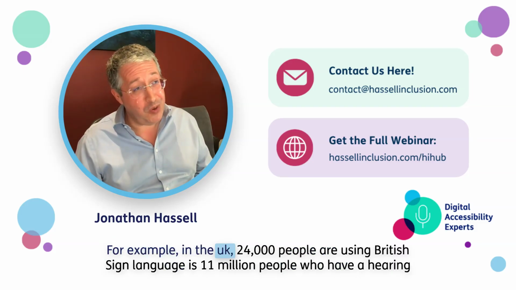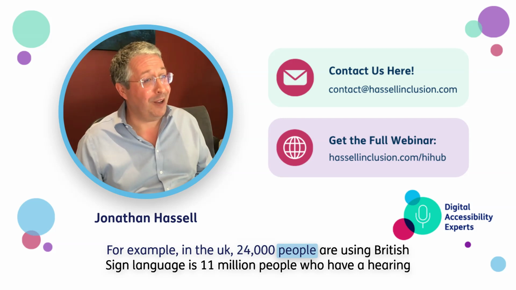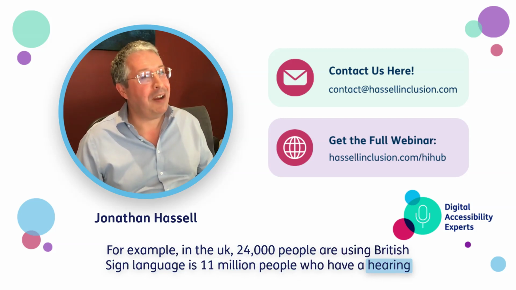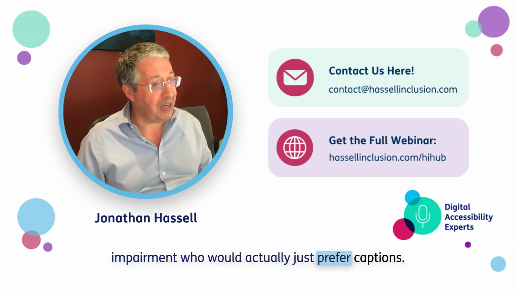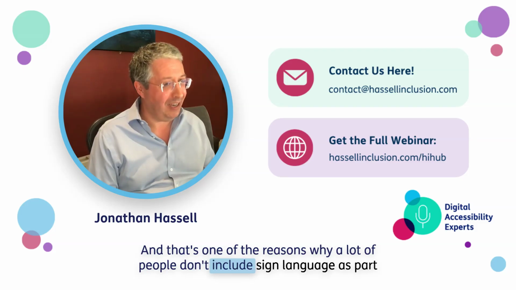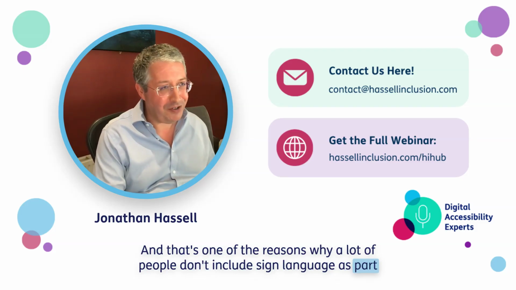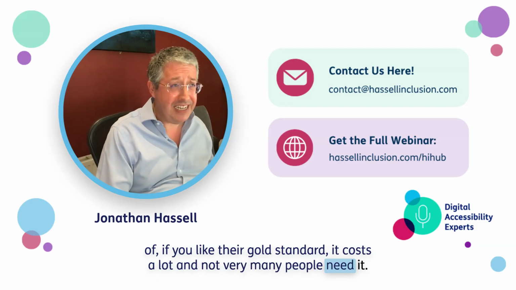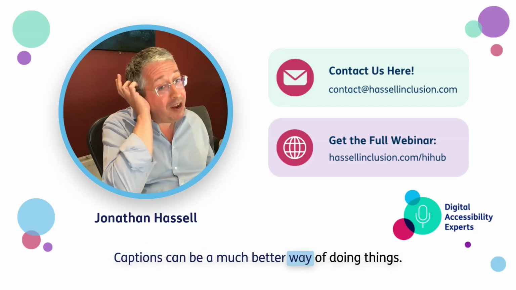For example, in the UK, 24,000 people are using British Sign Language. There are 11 million people who have a hearing impairment who would actually just prefer captions. That's one of the reasons why a lot of people don't include sign language as part of their gold standard. It costs a lot and not very many people need it. Captions can be a much better way of doing things.